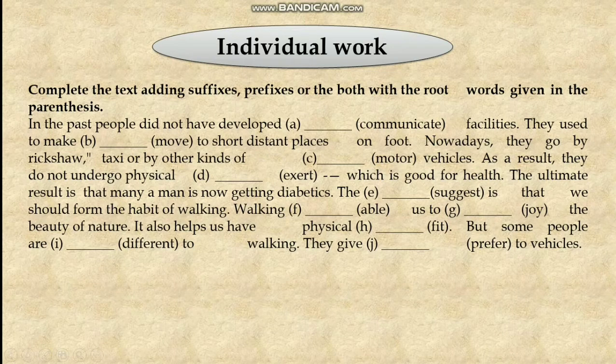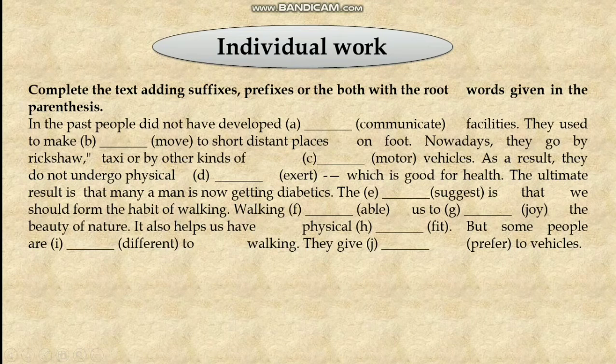In the next sentence, the ultimate result is that many a man is now getting diabetes. The suggest is that we should form the habit of walking. The word the is an article, and after an article we must use a noun form, and the noun of suggest is suggestion. So the answer will be suggestion.